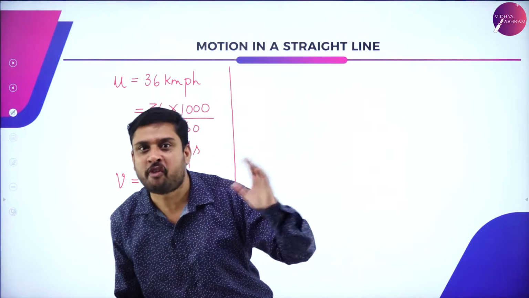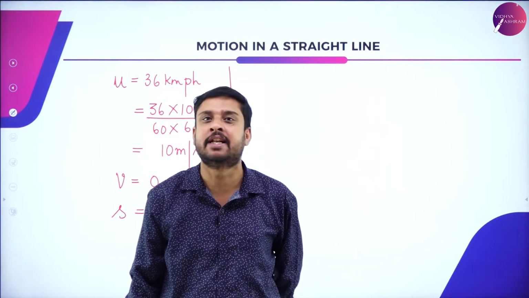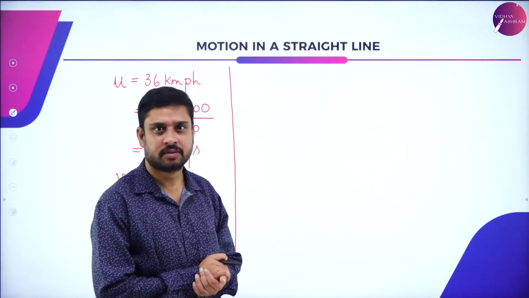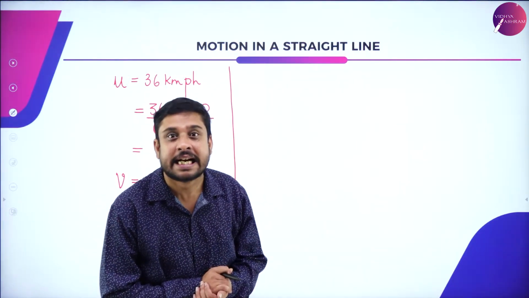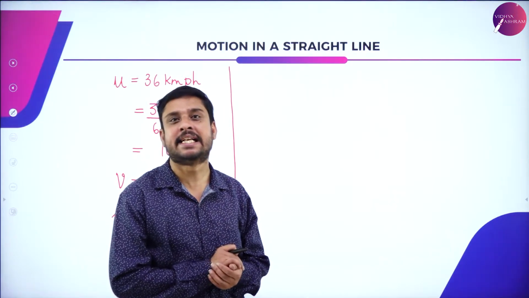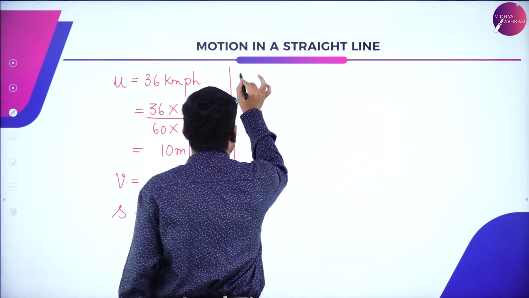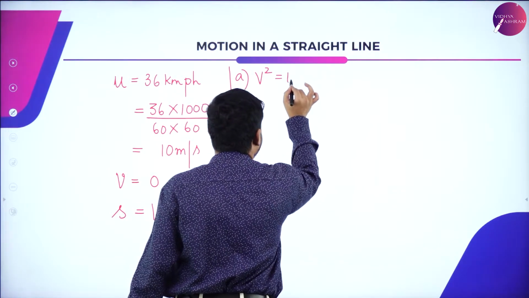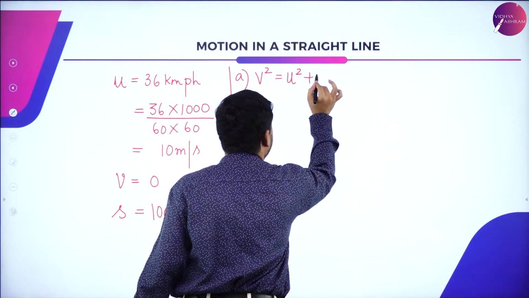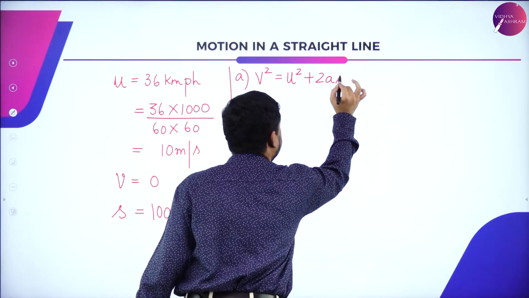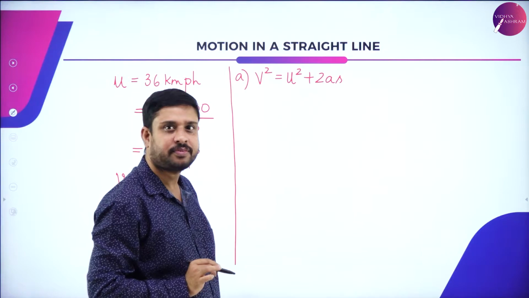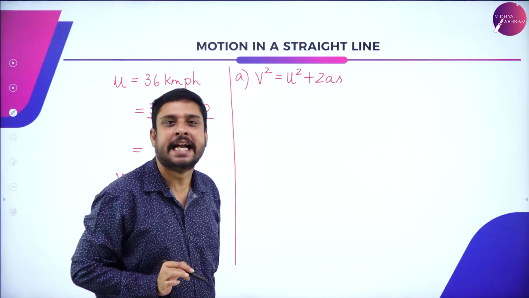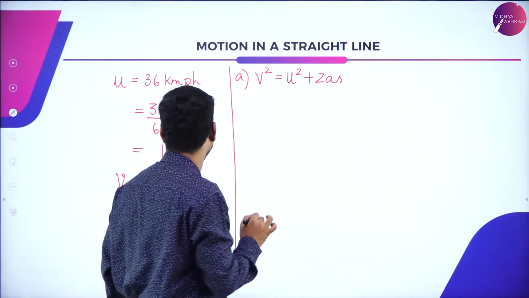So I have to go for an equation of motion which is independent of time, and from which retardation can be calculated. So we have v square equals u square plus 2as, the third equation of motion, which is independent of time.